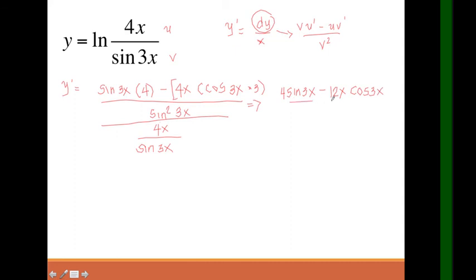All over sine squared 3x, I'm sorry. Ito yan, kinapi ko lang siya. All over 4x over sine 3x. Ayan. Next is, ikakopy natin yan, then kukunin natin yung reciprocal ng denominator.